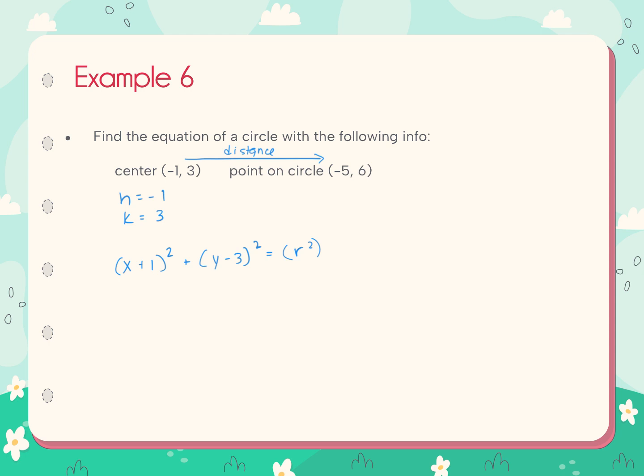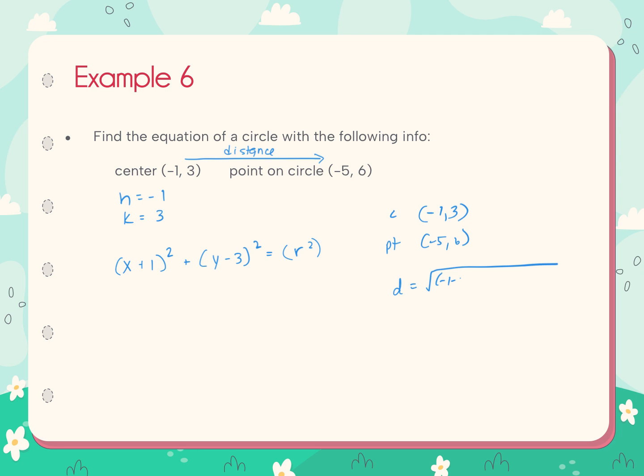So again, I'm going to come over to here. This is the center, and this is a point, (-5, 6). How can I find the distance? Well, if you remember from a long time ago, you were able to identify the distance between two points as the square root of the difference of the x's squared plus the difference of the y's squared.